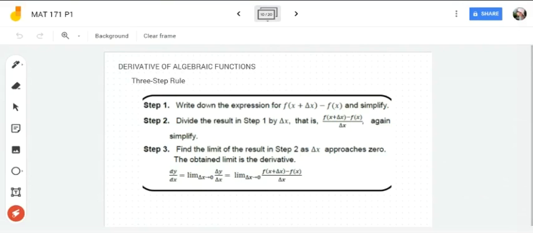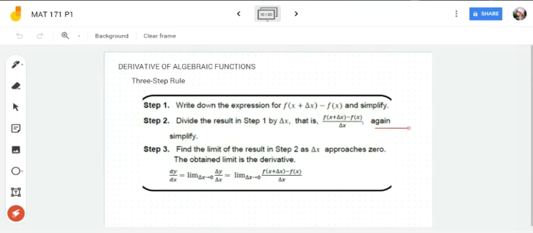Step number one, write down the expression for the function of x plus delta x minus the function of x. Then you will divide that result in step 1 by delta x, just like this: the function of x plus delta x minus the function of x over delta x.